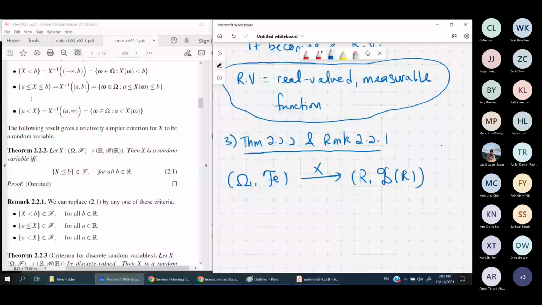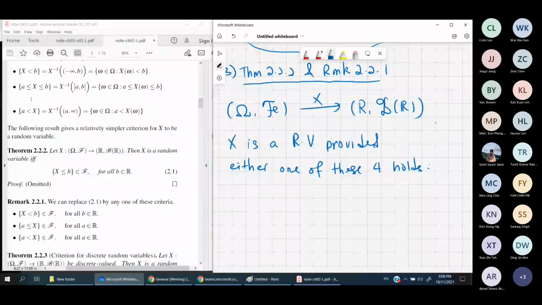If we have that, we can see X is a random variable provided one of the following holds. We don't have to have all of them. We just need either one of these 4 conditions.